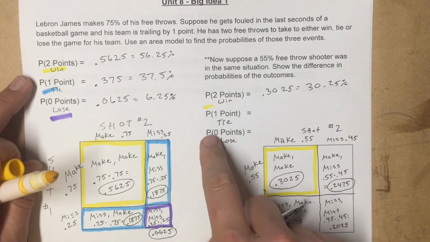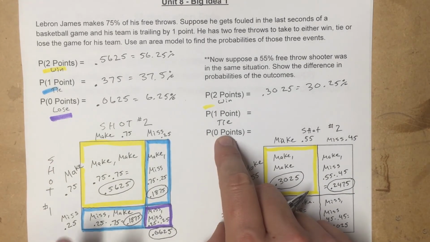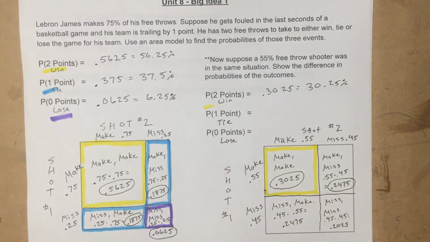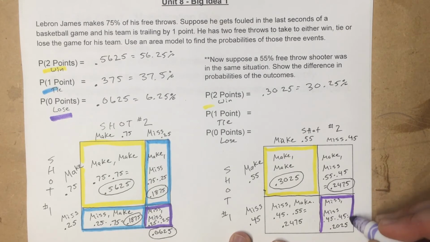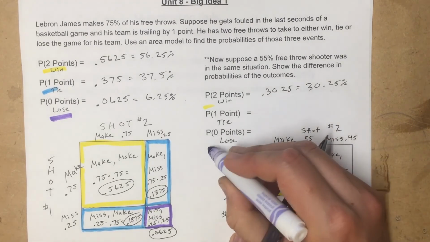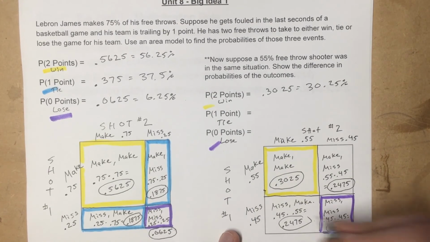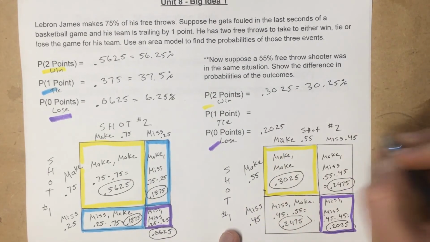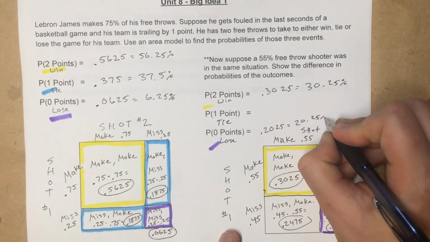So let's look at this one right here. The probability he gets no points. That's going to be your miss. And I boxed that in purple before, so I'm going to do a similar kind of box here. That is a 0.2025, or you could say it's 20.25%.